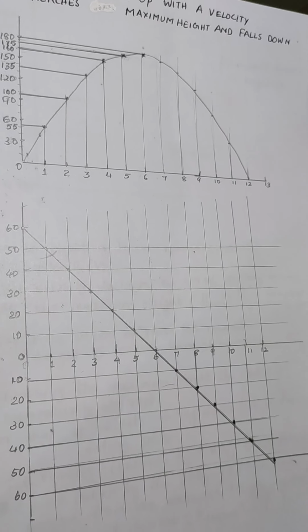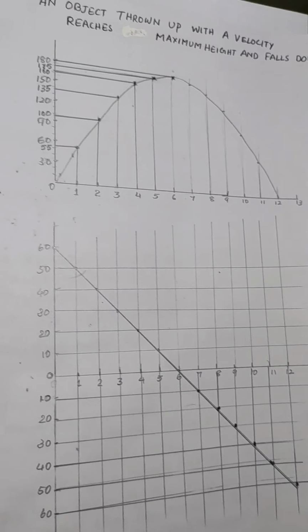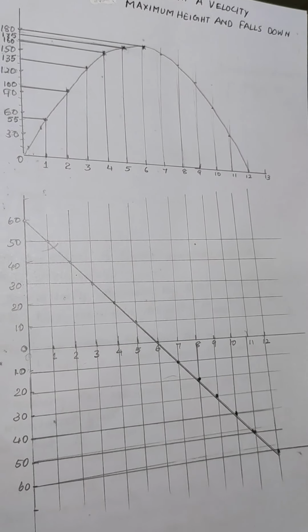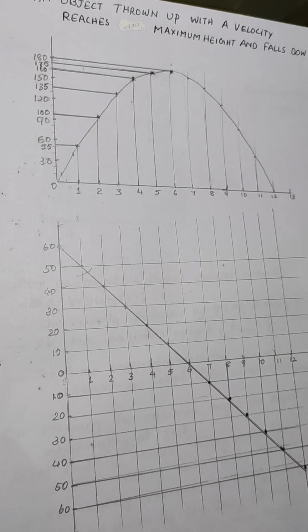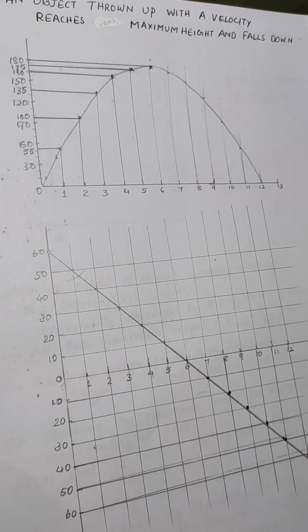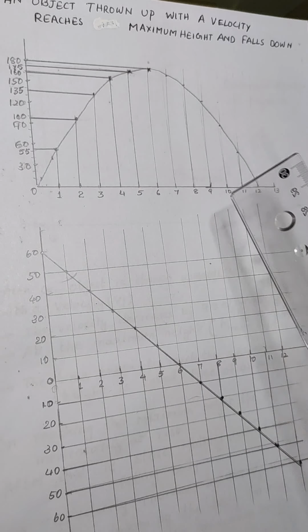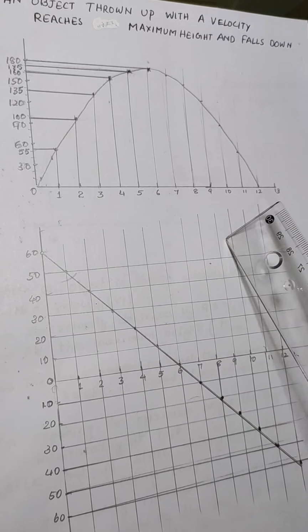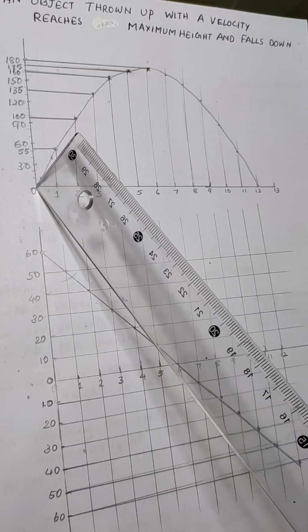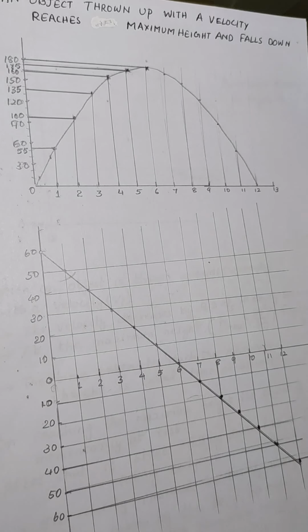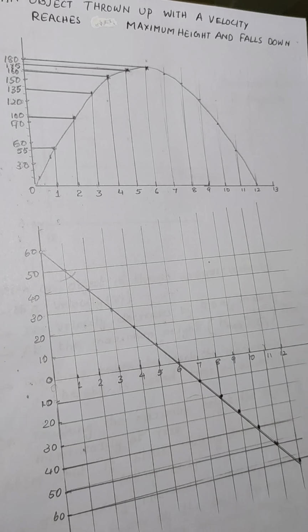If you look at the graph of an object which is thrown up with a velocity, reaches the maximum height and falls down, and if you take acceleration due to gravity as 10 meter per second square, you can see that this is a distance-time graph or displacement-time graph.